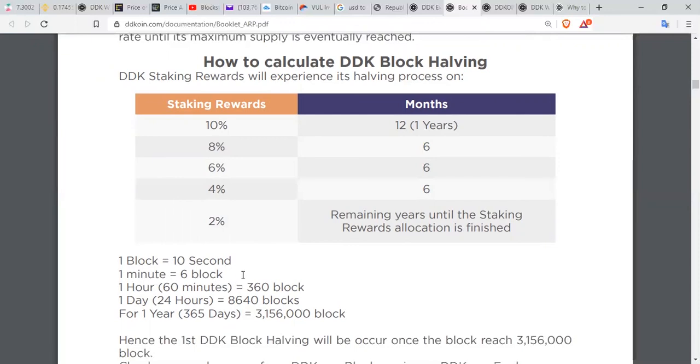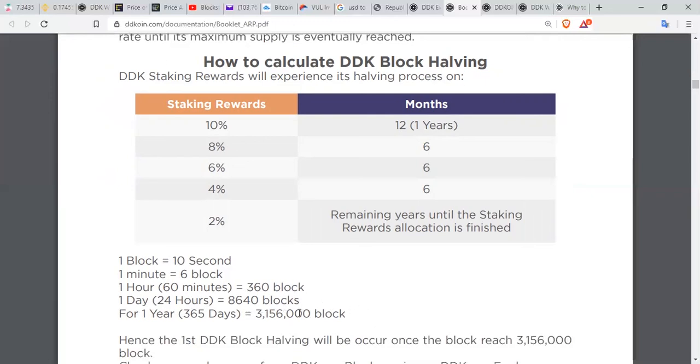This is the ideal capacity of the DDK blockchain. It's easy to understand that in 1 hour you can generate 6 times 60, so that is 360 blocks. And for 1 day, 360 blocks times 24 hours would be 8,640 blocks.